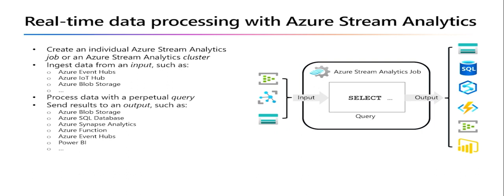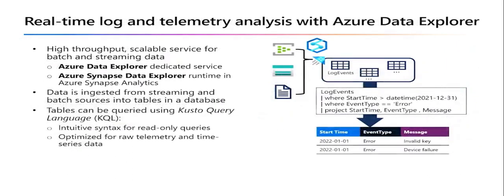It can also go to Azure SQL Database, Azure Synapse Analytics, or Azure Databricks, used to persist the processed results in a database table for querying and analysis. You can also send the output to Microsoft Power BI, which is used to generate real-time data visualizations in reports and dashboards.